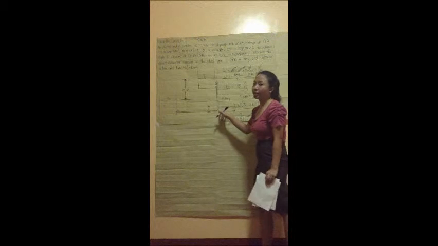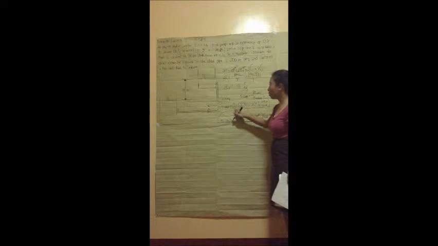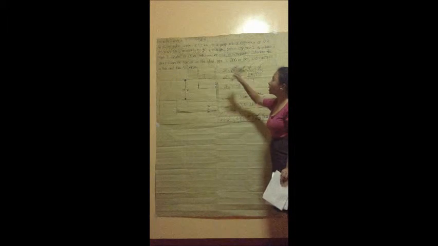So W ideal will be the efficiency of the pump, which is 0.8, times the actual work, which is the given value, the 70.42 kilowatts.